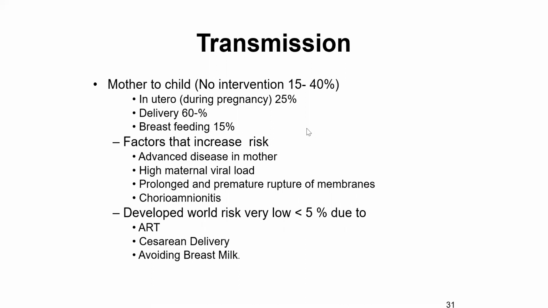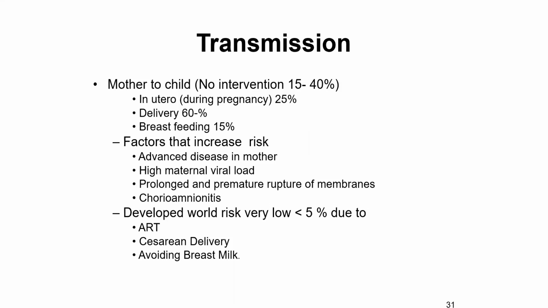Only around 15 to 40% transmit the virus to their children. And in those cases, 25% is in pregnancy, then delivery around 60%, then breastfeeding around 15%.